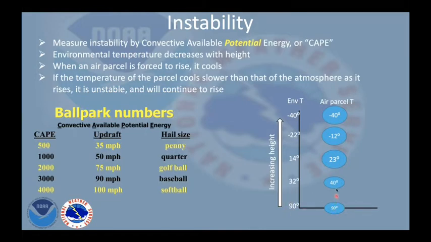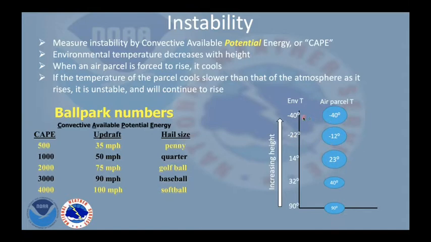So as you force it up, the parcel is going to cool more slowly than the air around it as you go up in altitude. So you have 40 degrees Fahrenheit compared to your 32 degrees Fahrenheit. Warm air rises, right? So that thing's going to keep moving up, still at a slower cooling rate than the environment. 23 compared to 14, minus 12 compared to minus 22, all warmer still.